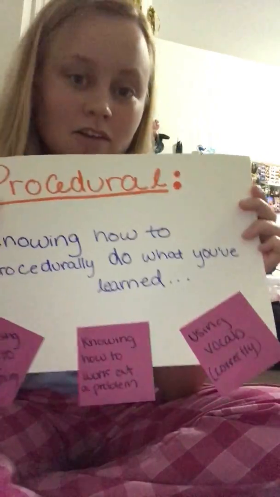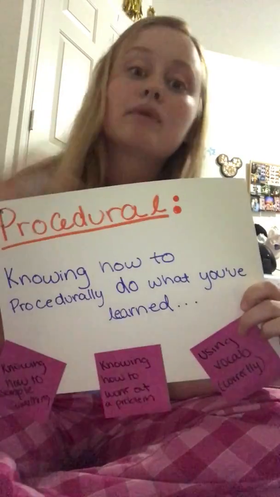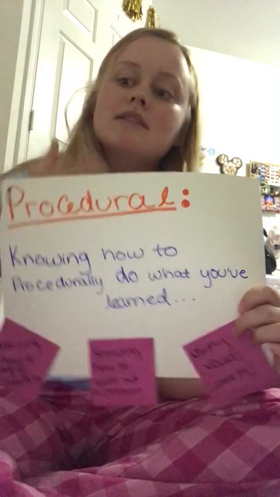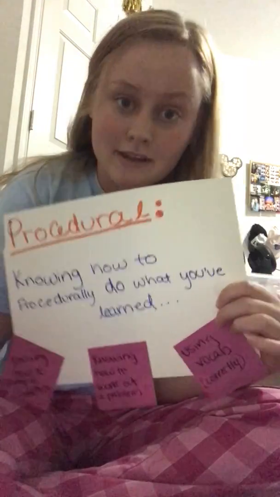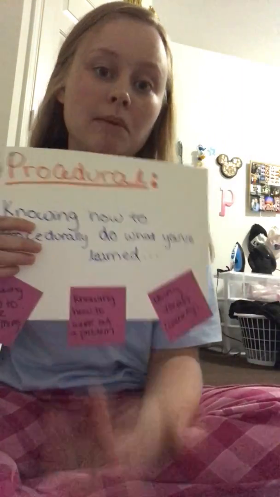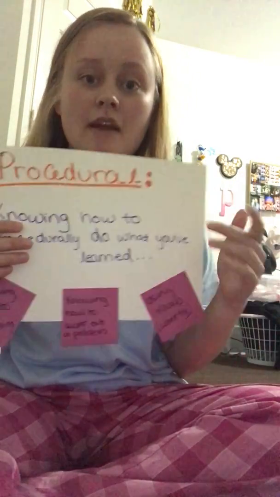And then that leads into procedural knowledge. Procedural knowledge, in contrast to conceptual knowledge, is taking the knowledge that you've learned and applying it. Like I said before, you might have conceptually memorized that a negative plus a negative is a positive.